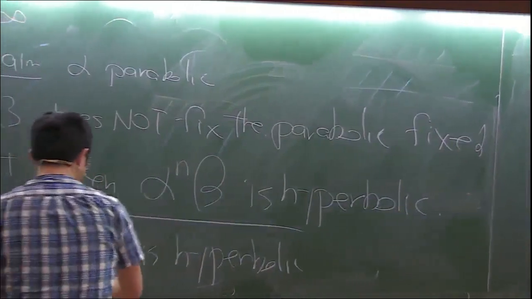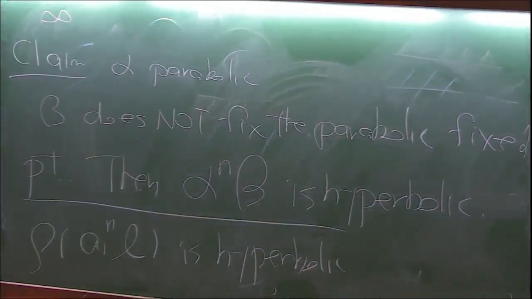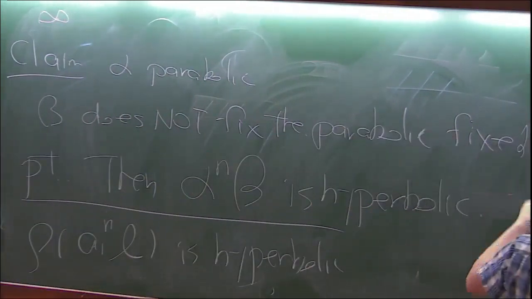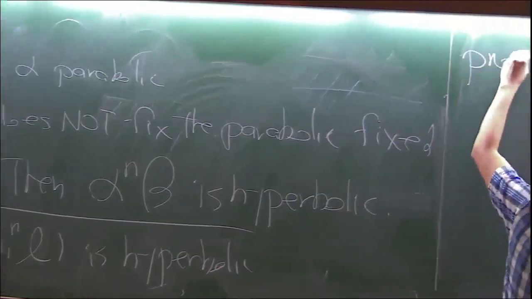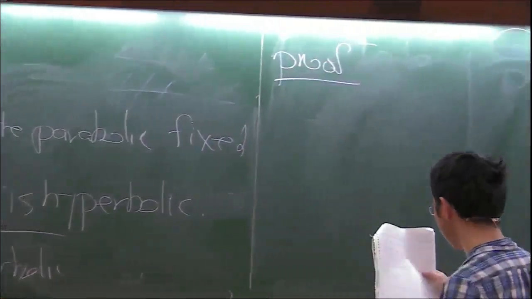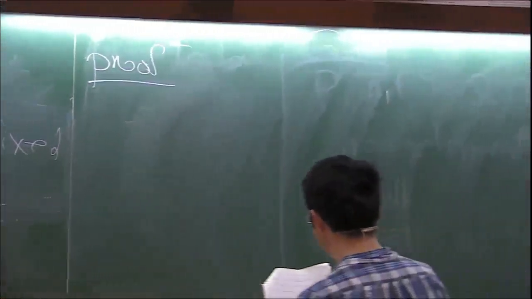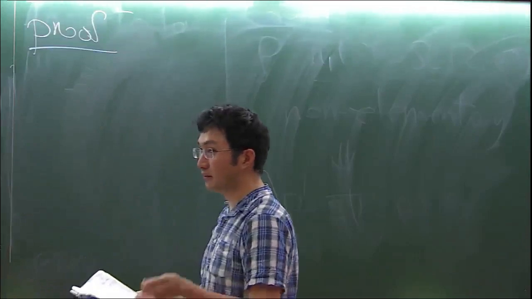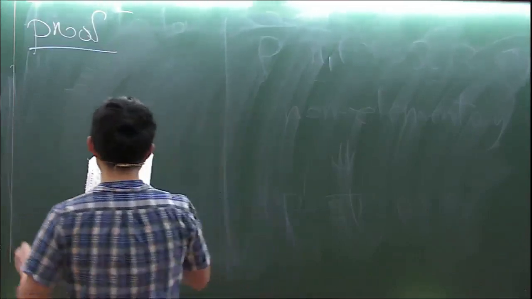And this is just calculating a trace. So the proof for this is kind of fun. And many other parts of the proof use calculating the trace to show a loop is hyperbolic.